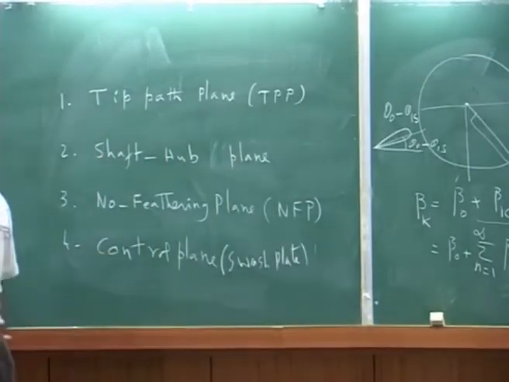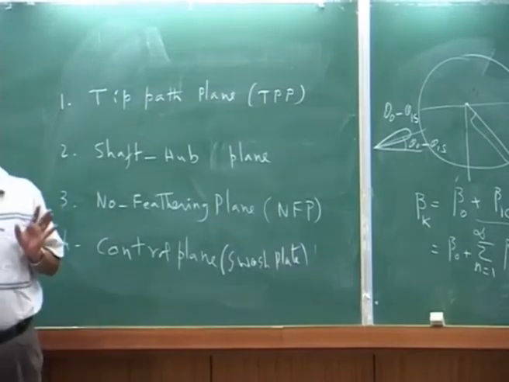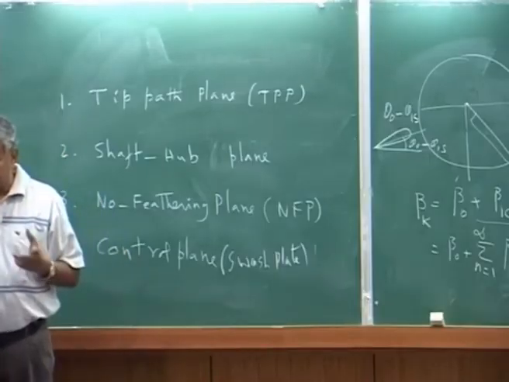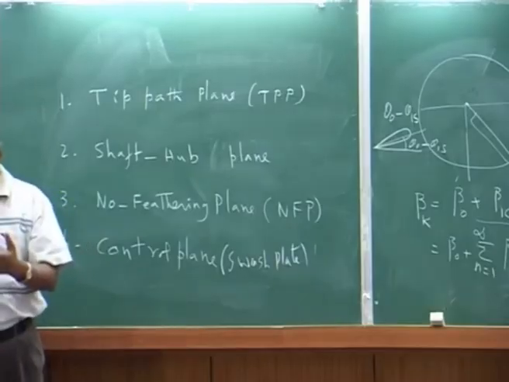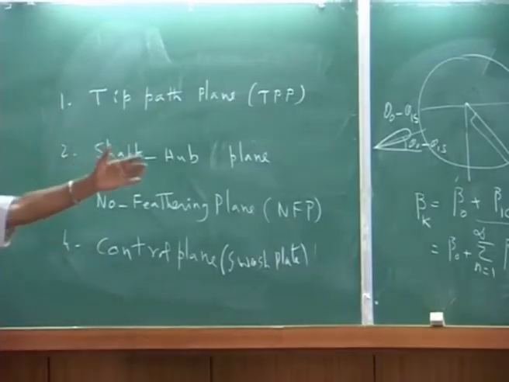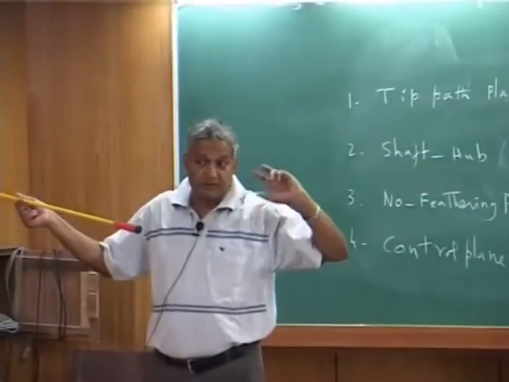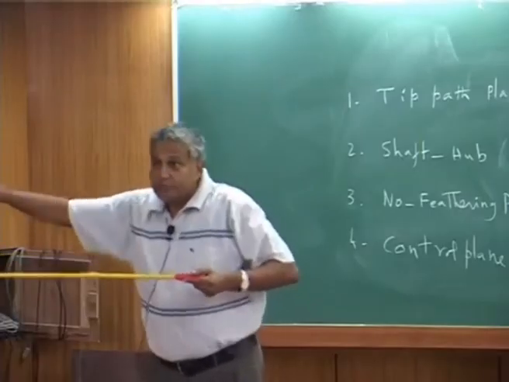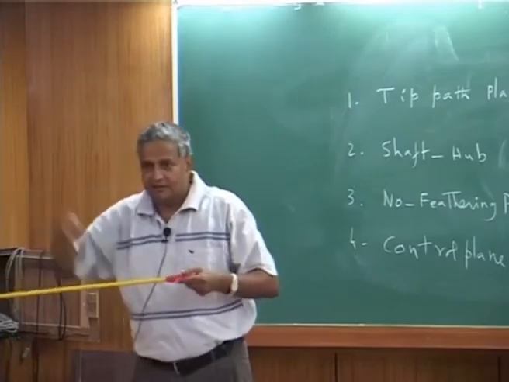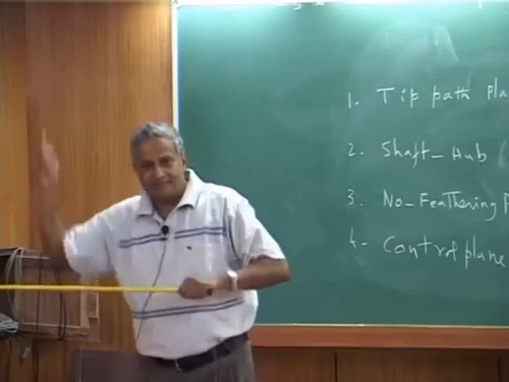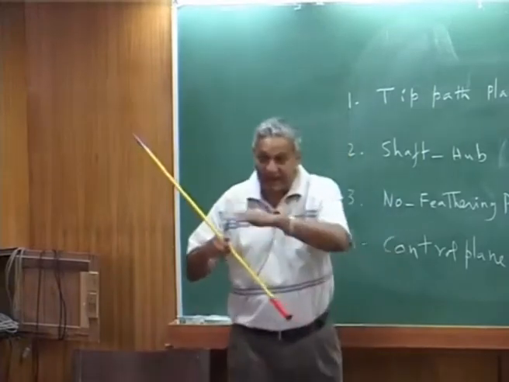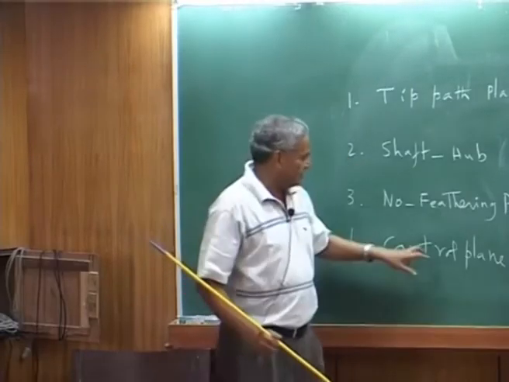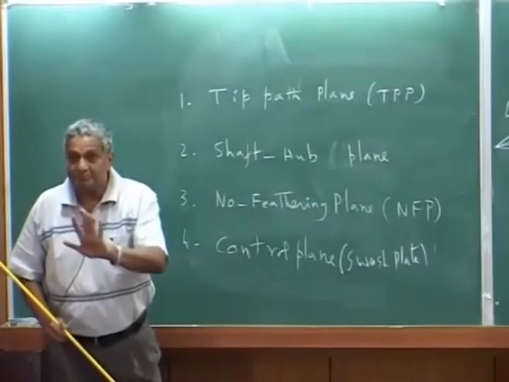Now if you do not have any other additional mechanism to introduce pitch in the blade, because sometimes you can have some coupling which we will learn later, or you can put a trailing edge tab and that will twist the blade. Your swash plate may be here, the trailing edge tab may be twisting, but if you don't have any additional mechanism to change the angle of attack of the blade, these two are the same.